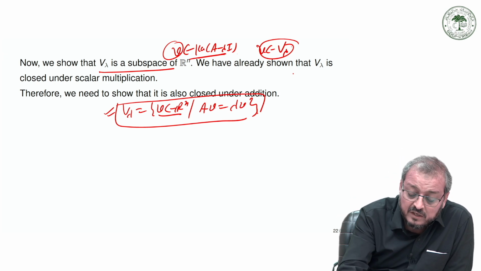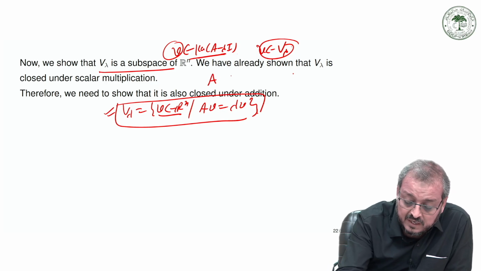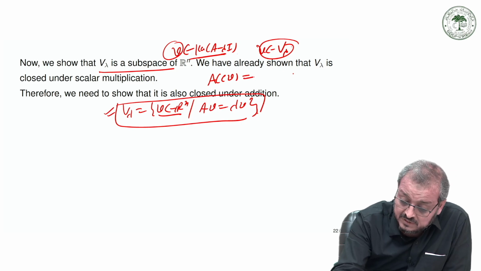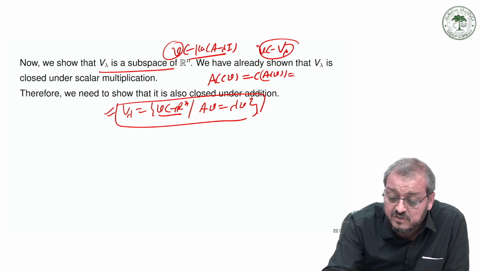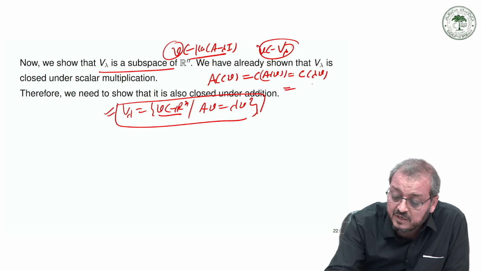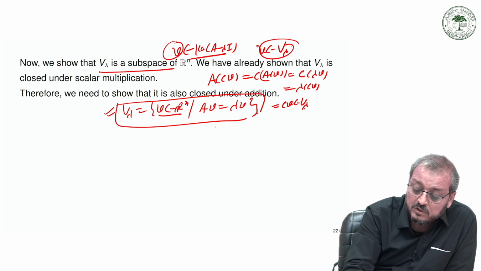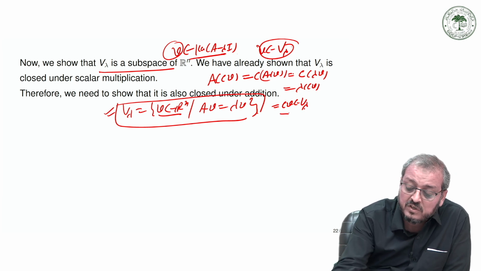For scalar multiplication, if you remember, A times c v can be written as c times A v, and since A v is equal to lambda v, this is c times lambda v, which can be written as lambda times c v. So c v is also an element of V lambda, because A of c v is equal to lambda times c v.